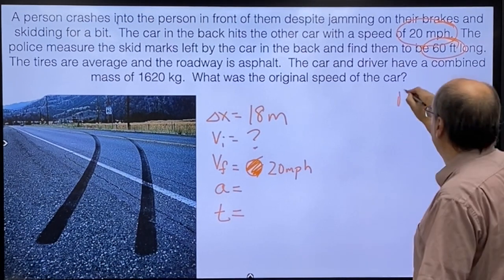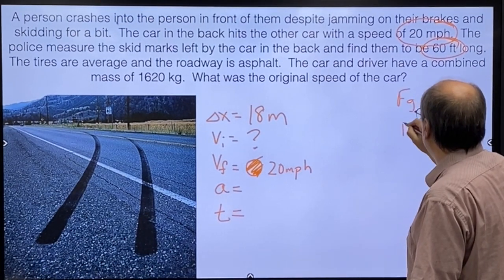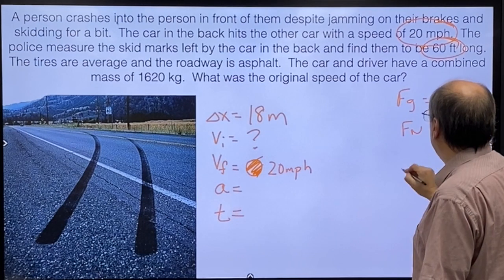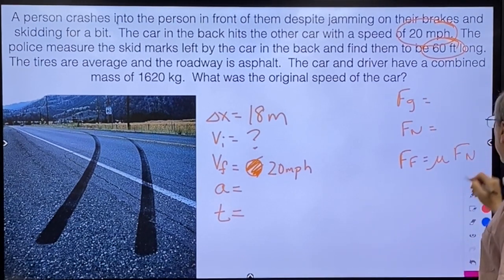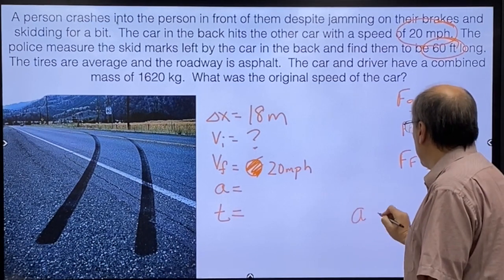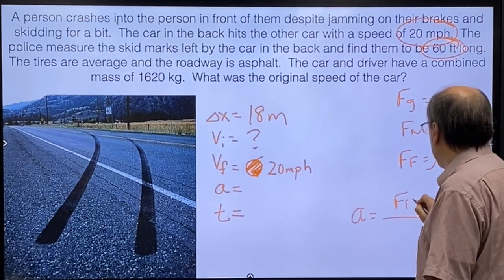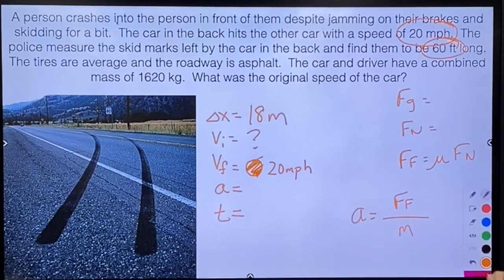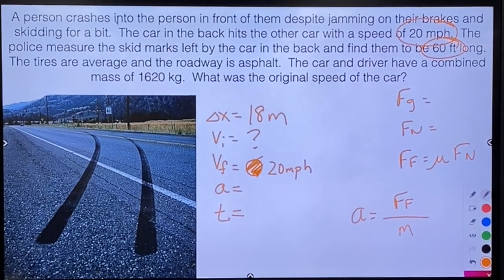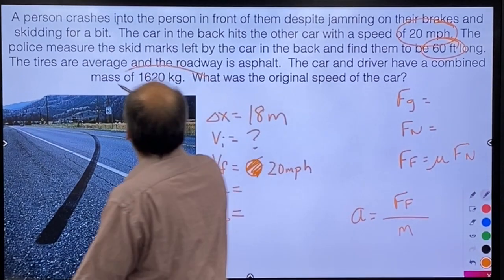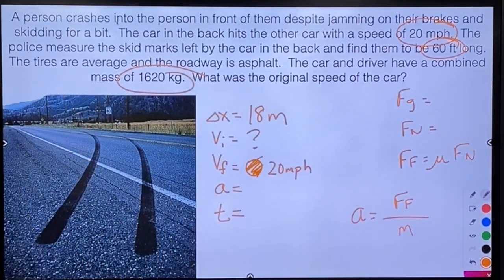So you go through the same process. Force gravity, set it equal to force normal. Find the force friction. Put it into Newton's law. It seems like a lot, but it's a very common process that hopefully you'll get really good at. It tells you the mass of the car is 1620.